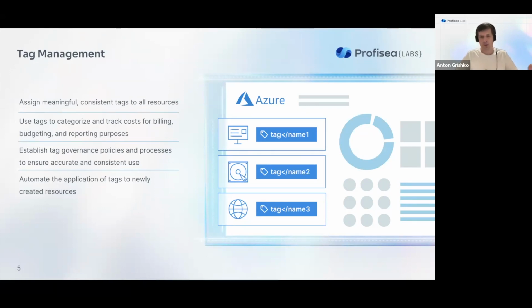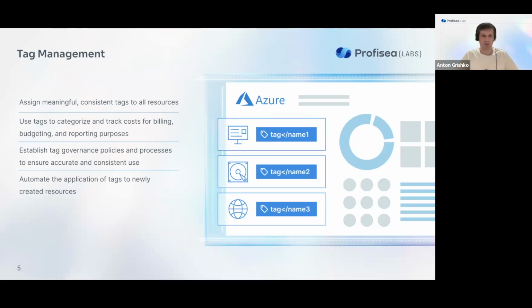Why? Because people are usually lazy, and even if you have a process and policy, people try to find shortcuts. So automating the tag creation basically helps to keep everything consistent. That's about tags. And again, think about building the tag structure within your company. Think about what kind of data you can add to your tags.